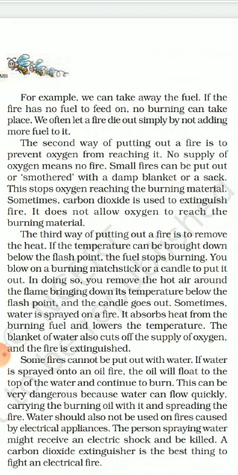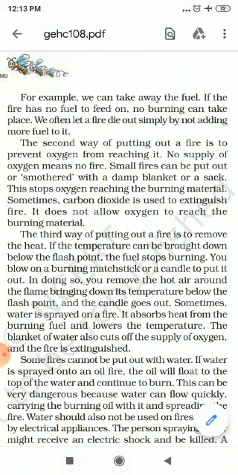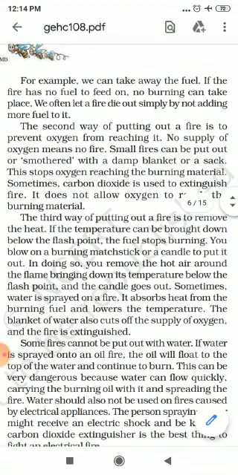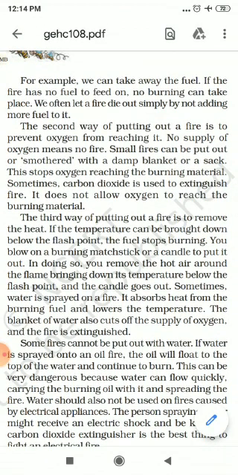The writer is saying, how can we control fire? By taking out the fuel. If we do not have fuel, then fire is not possible. No burning will be possible. We often let a fire die out simply by not adding more fuel to it.